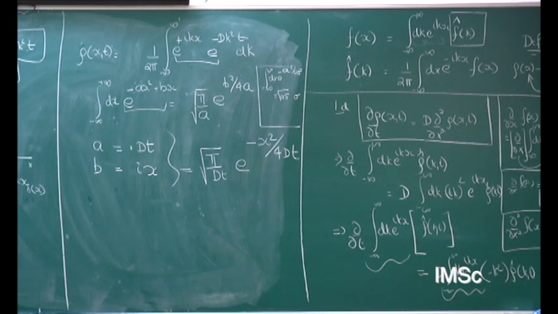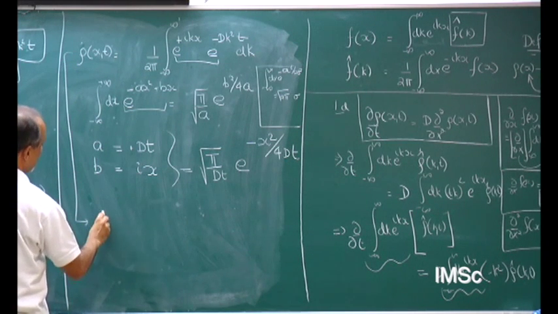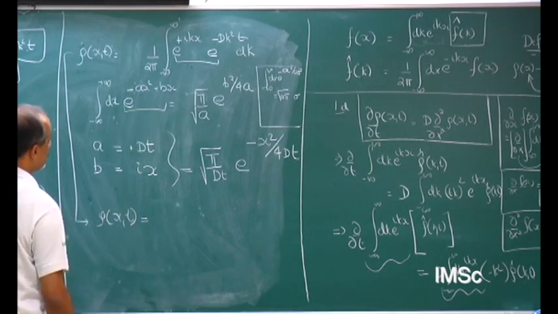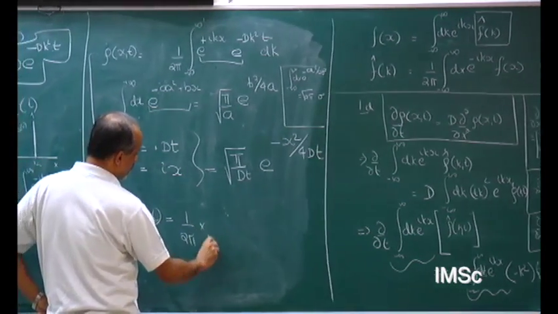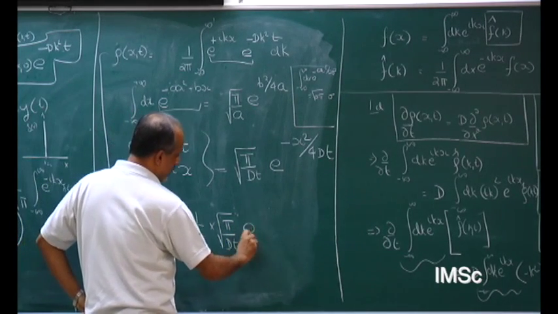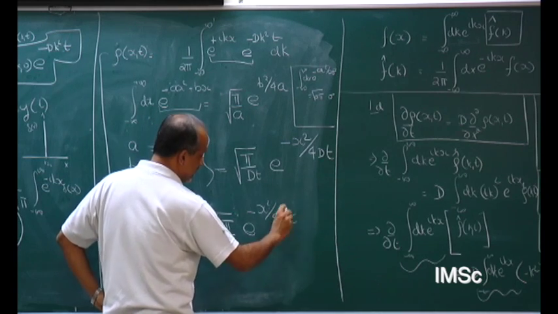So that is correct. So now what I have here is rho of x comma t equal to 1 over 2 pi into square root of pi divided by d times t into exponential of minus x squared divided by 4 times d times t.